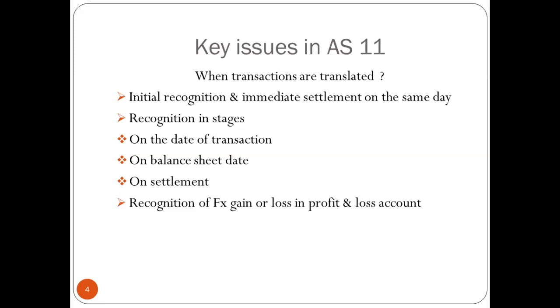When you receive the payment, let's say 1 month down the line, it is not necessary that the dollar rate will remain 72 rupees per dollar. It may change to 69, and in that case, you will incur a loss of 1 rupee per dollar. If it goes to 72 rupees per dollar, then you will probably gain 2 rupees per dollar.